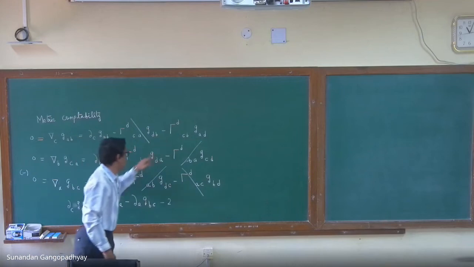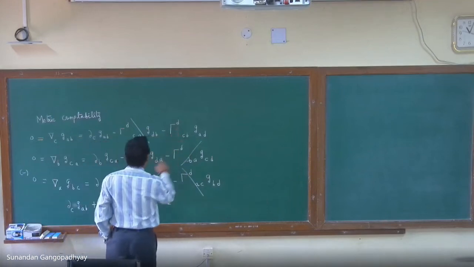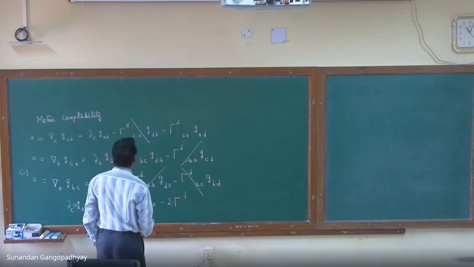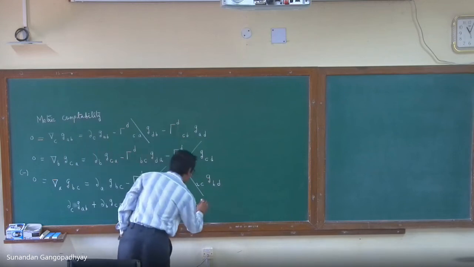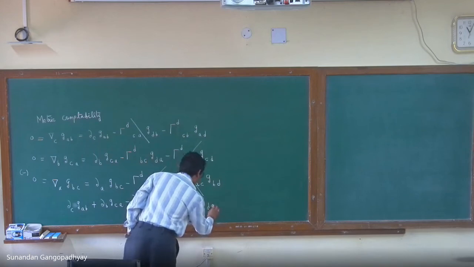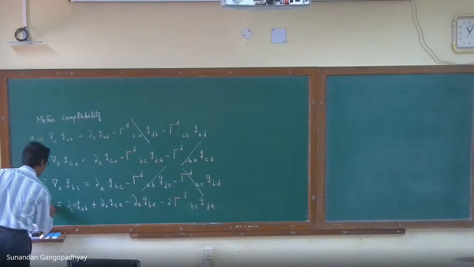So this will not cancel, it will add up. Since gamma D CB is the same as gamma D BC, what we have is gamma D BC g_DA, and this is equal to 0.